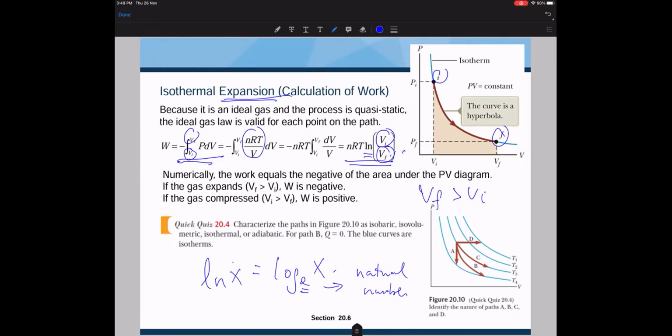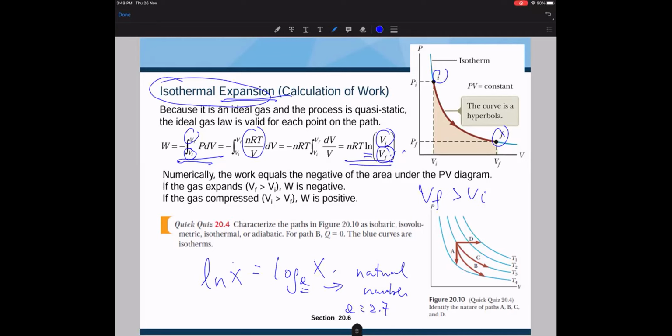If you use your calculator or Google to find the natural number, it is around 2.7. I remember 2.718, something like that. So that is something you have to be familiar with when doing the calculation of the work done in an isothermal process.